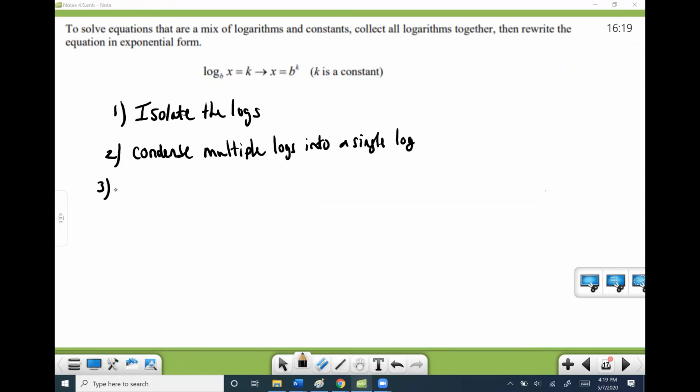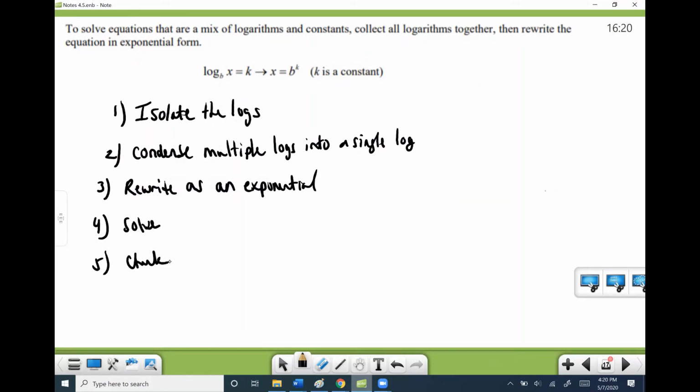Okay. Rewrite as an exponential. Okay, or yeah, I'll just write it like that. And then solve. But now we have another step, you guys, which is check.